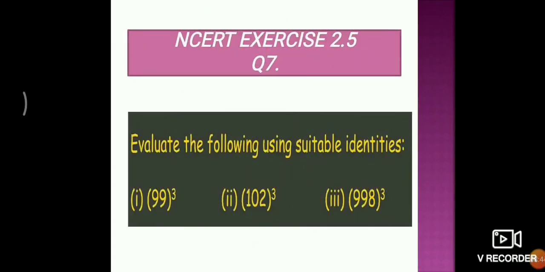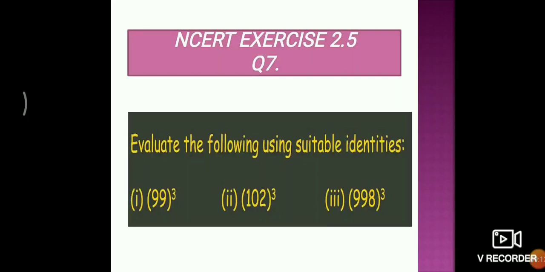This is question number 7 in your NCERT exercise 2.5. Again, we have to evaluate using suitable identities. Such kind of numericals we have done in the beginning, like in the second question of the same exercise. So 99 whole cube, 102 whole cube, 998 whole cube, we have to expand them, we have to split them.